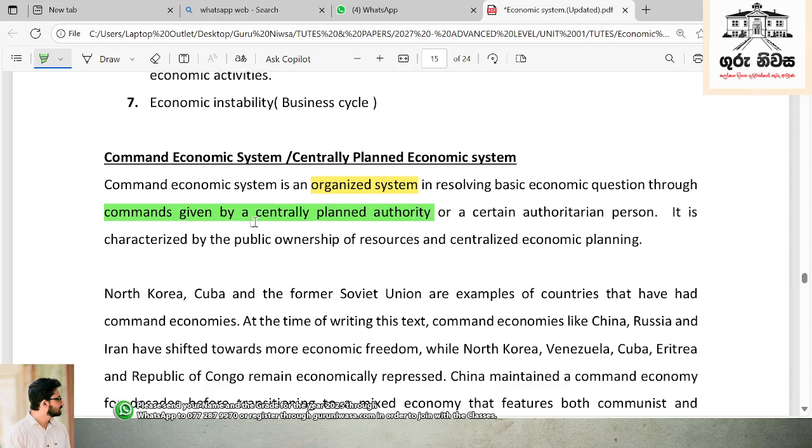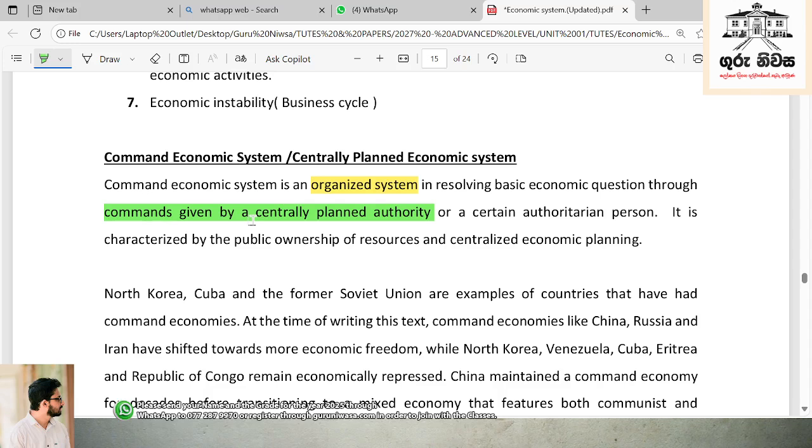There is a well-established government institute called the Central Plan Authority. Basic economic problems are solved by what? Solved through commands given by a central plan authority. Commands. Look at the word.